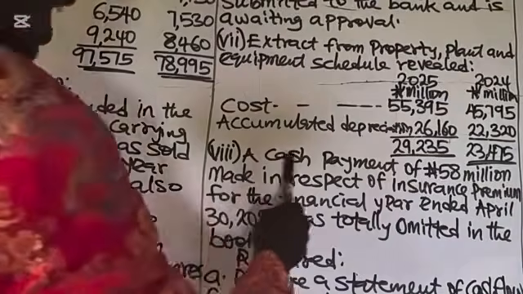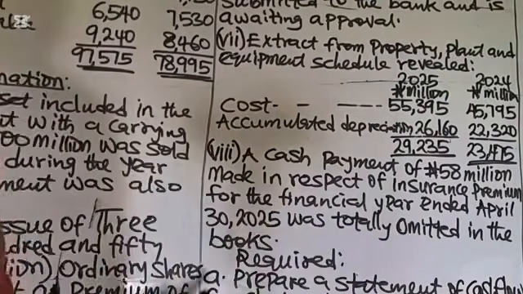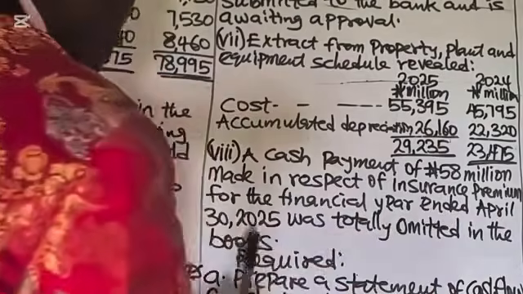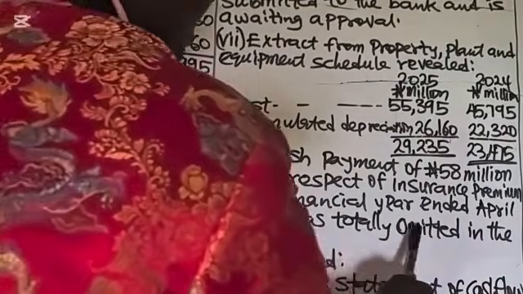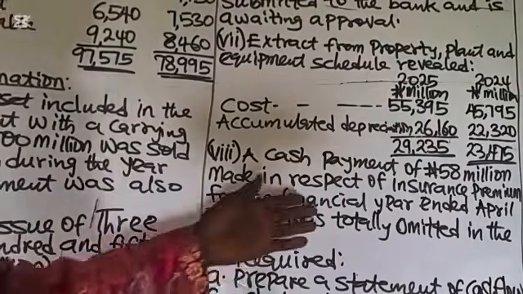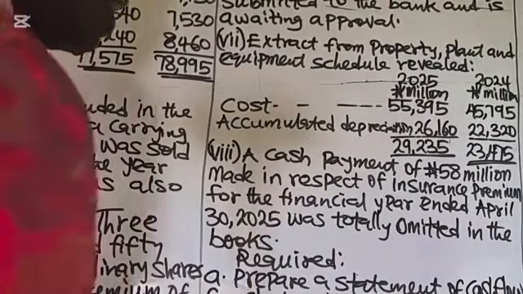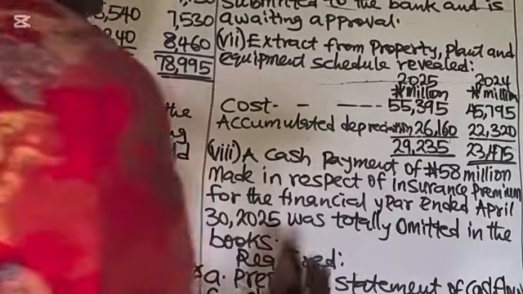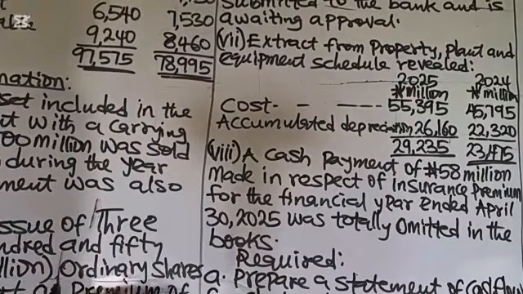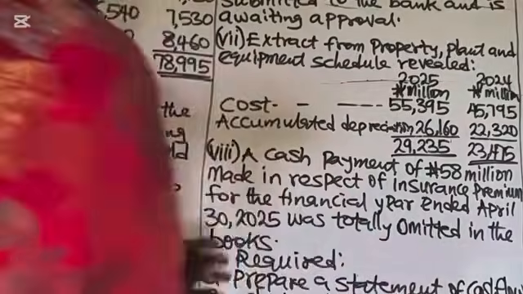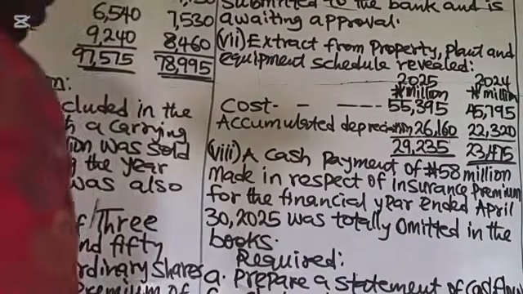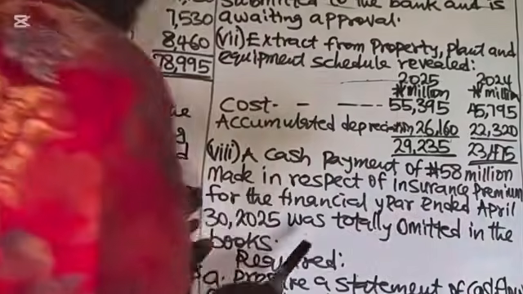Note 8: a cash payment of 58 million made in respect of insurance premium for the financial year ended April 30, 2025 was totally omitted in the books. The entity ought to have charged this as an expense in the statement of profit or loss, thereby debiting profit or loss and crediting cash. This was omitted from the books, so this expense should be recognized.